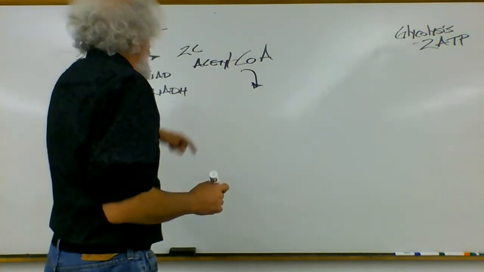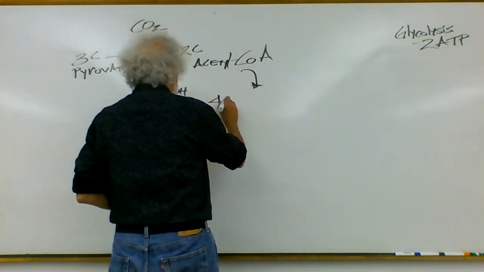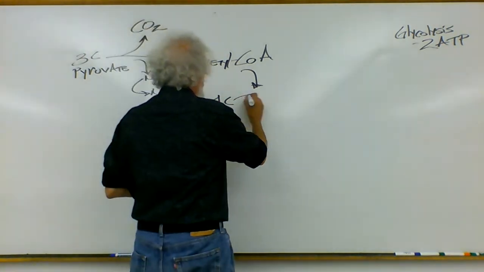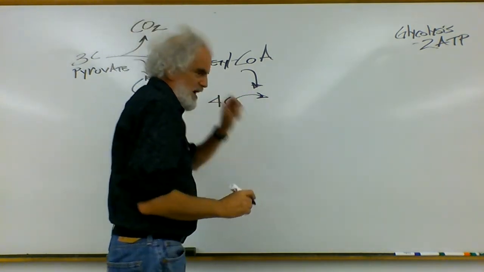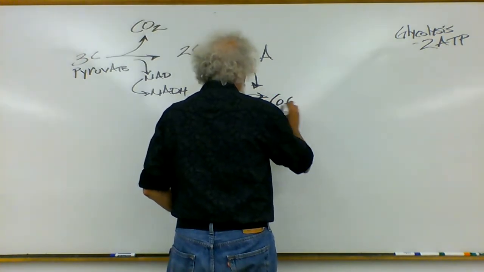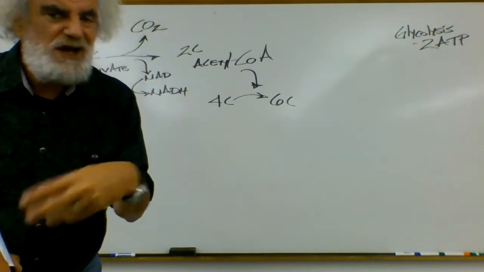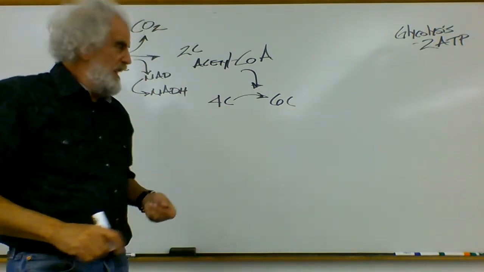Now, for this thing to work, we have a 4-carbon acceptor molecule that comes in and picks up the 2-carbon acetyl-CoA. CoA is released, and we now have a 6-carbon molecule, citric acid. In terms of memorizing these, if you want to memorize the names, that's fine, but for our purposes, we don't need to. We just need to know the flow.